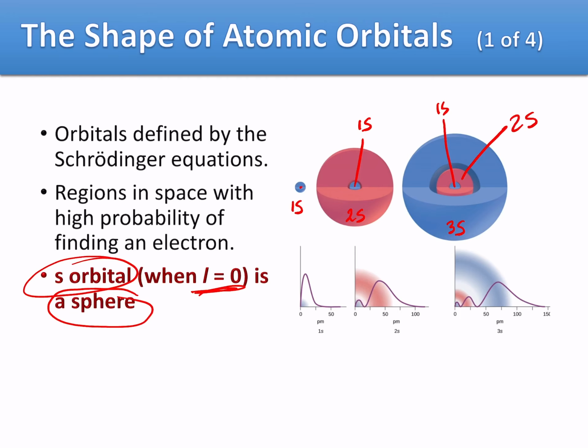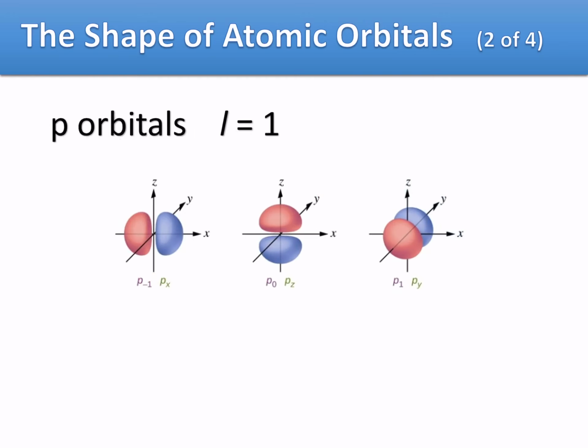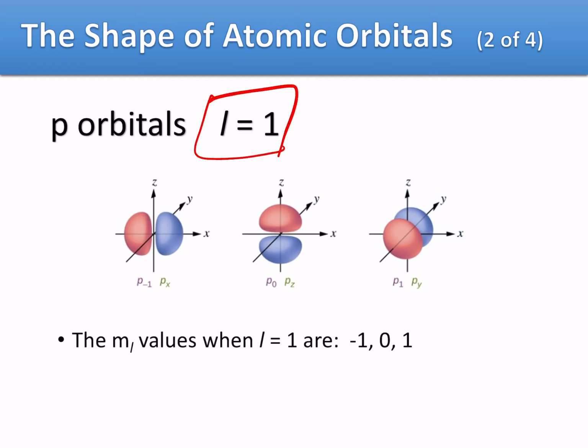The second easiest to recognize is the p orbital, and for p, L equals 1. If you remember, for L equals 1, we have 3 different values of ml that represent 3 different orientations for the p orbital. The shape of the p orbital, which you will see a lot in books, is dumbbell shaped.